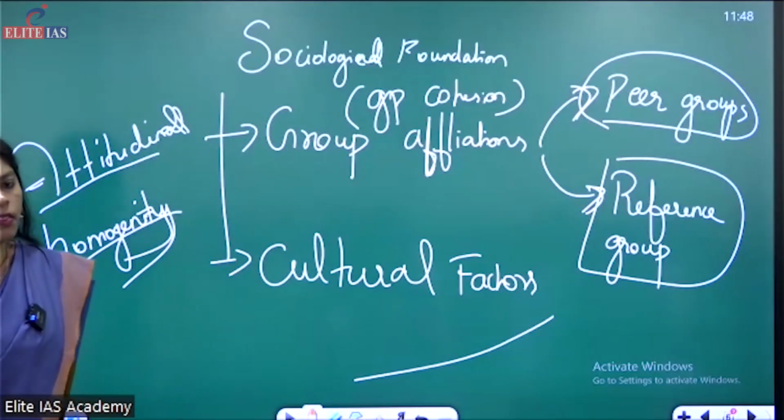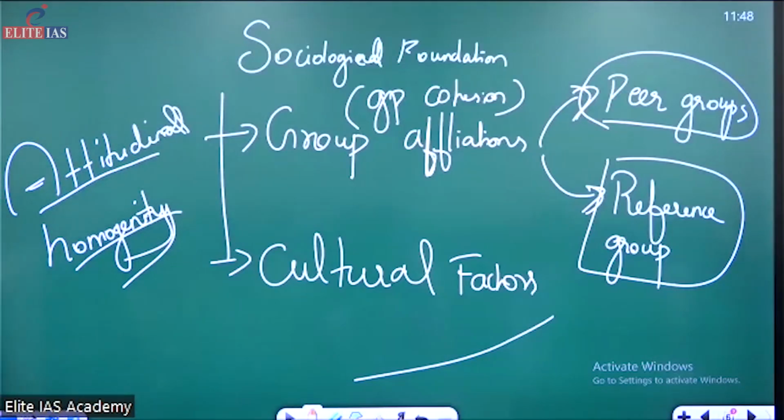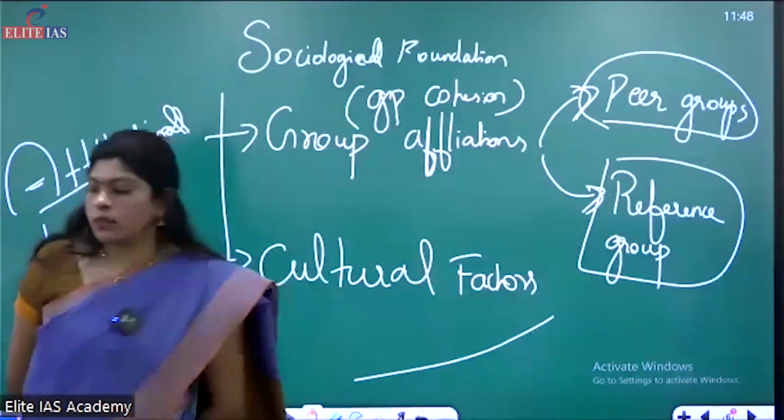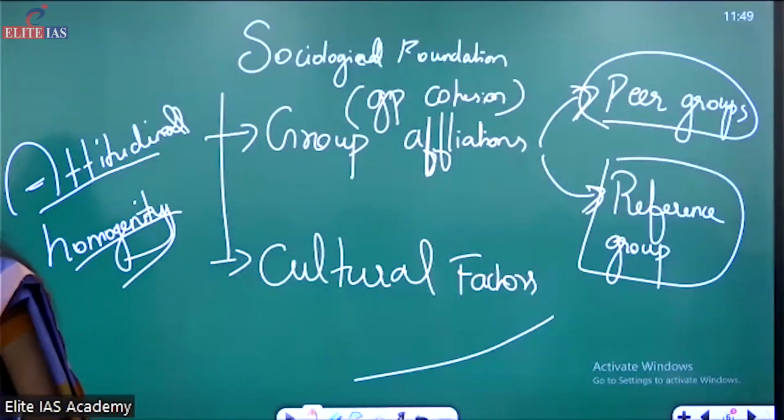Second point. All members of the primary group receive similar or same information.